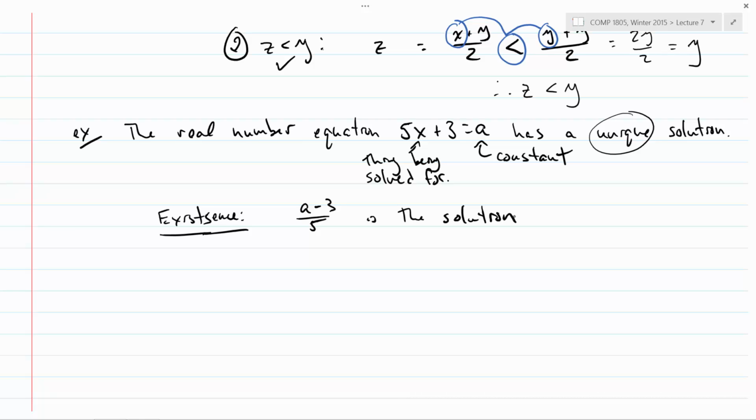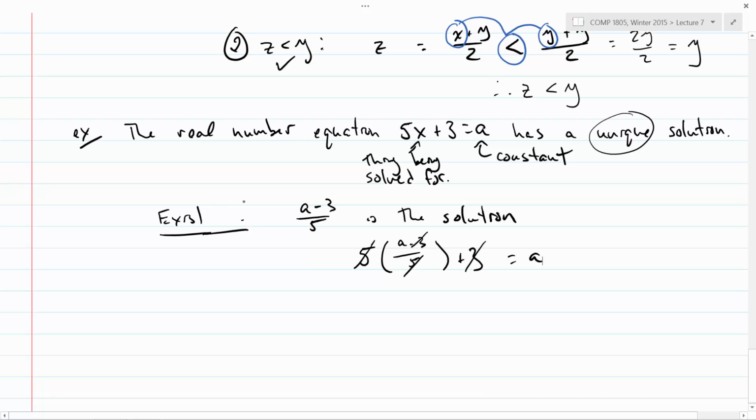It's true, because what happens if you sub in a minus 3 over 5? 5 times a minus 3 over 5 plus 3. Well, the 5's cancel. The minus 3 cancels with the plus 3, so you get a, which is exactly what you wanted to get. So that's why it's a solution. Oops, I spelled existence wrong.